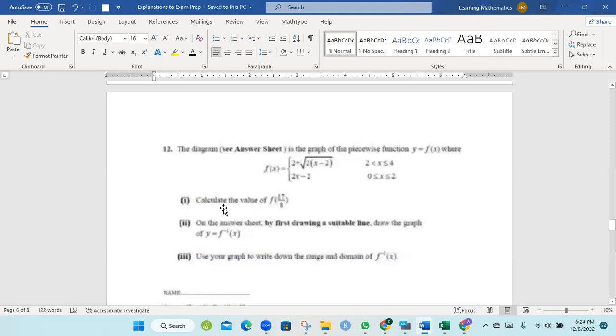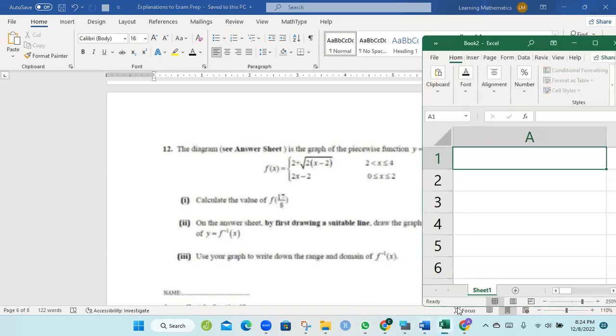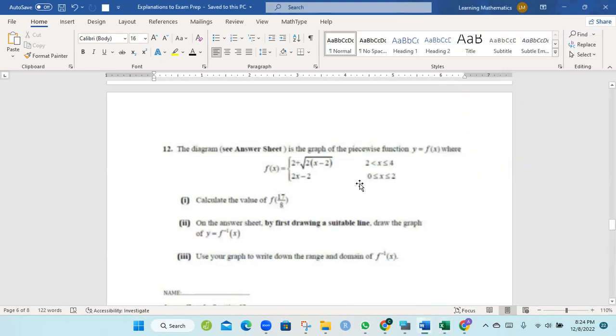Now, part 1 says calculate the value of f of 17 over 8. If you divide 17 by 8, you get 2.125.